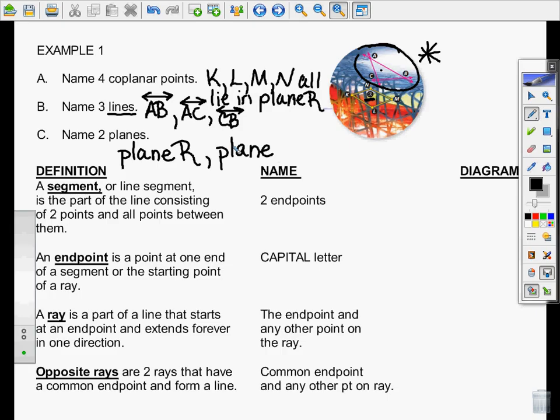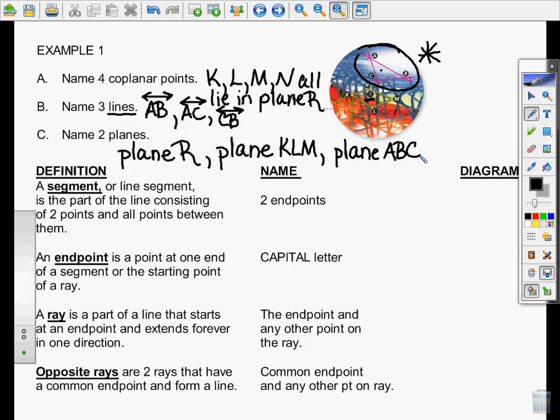So we could say, well, KLM, or you could have said LMN, MNK, something like that for that bottom one. The top one doesn't have a script letter, so we're just going to use the 3 letters that are there. So we'll call that plane ABC.